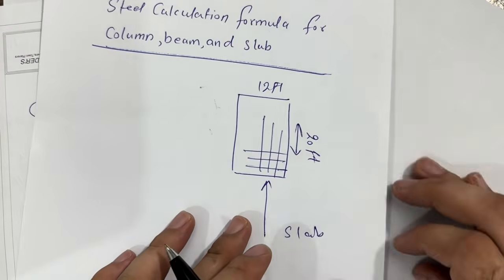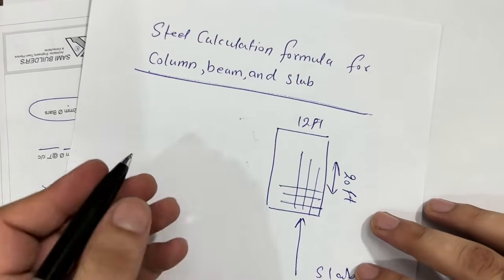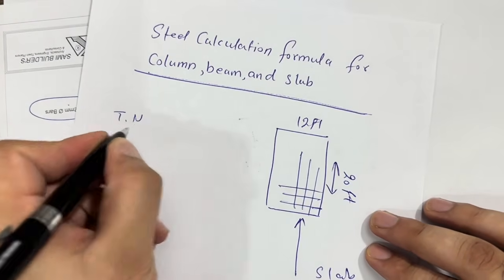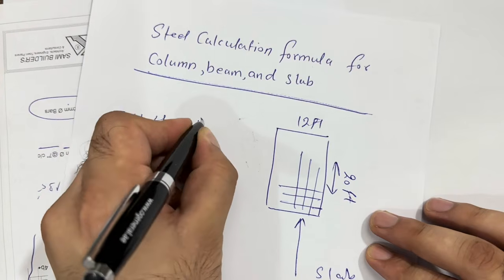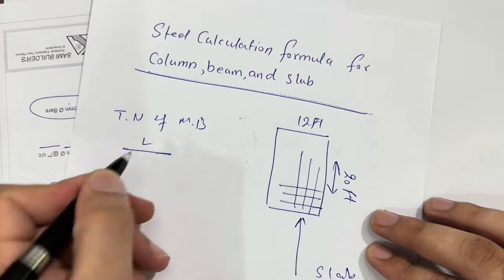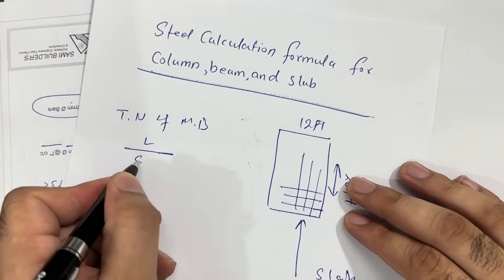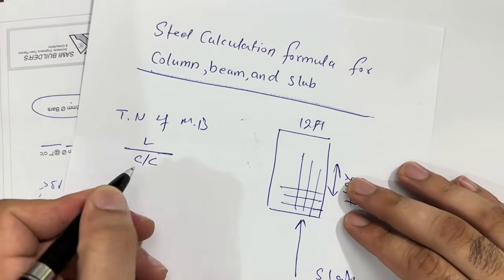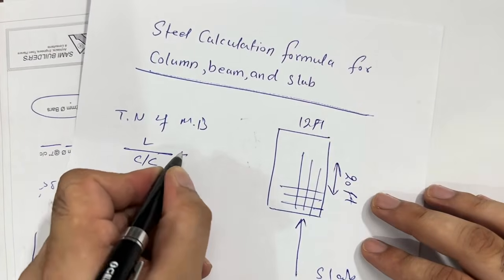To find the total number of main bars, the formula is length divided by the center to center distance between two steel rods, plus 1.